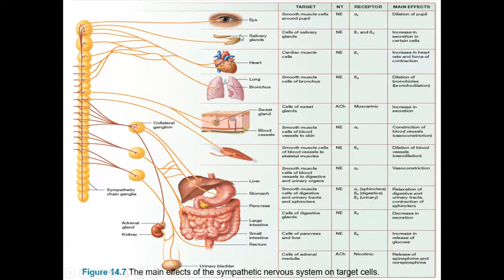The salivary glands can increase secretion in certain cells, but mostly if it's sympathetic, then you probably don't want too much stimulation to the salivary glands. So you're probably going to decrease the overall function of these glands, but you cannot decrease down to zero, because otherwise your mouth cavity is going to be all dry, which is not good.